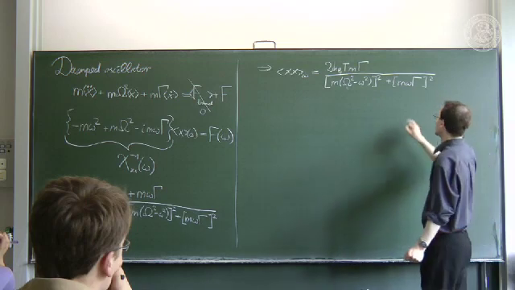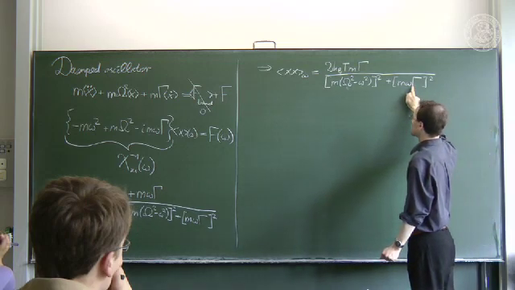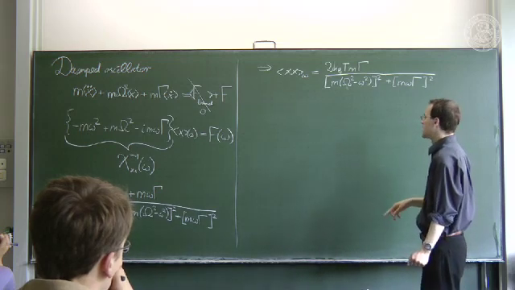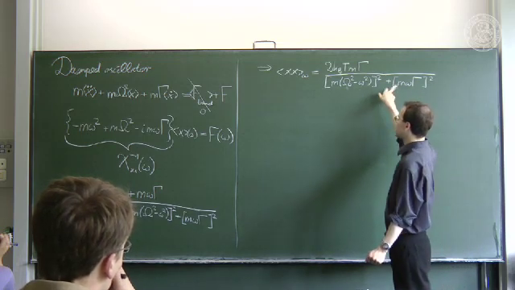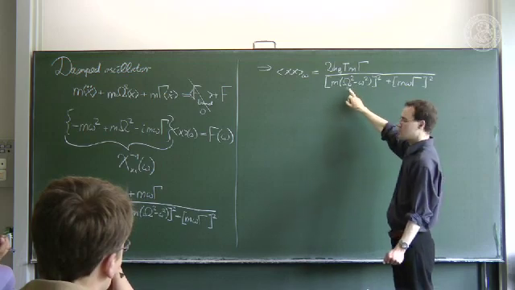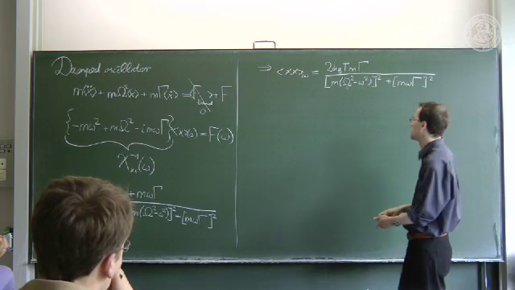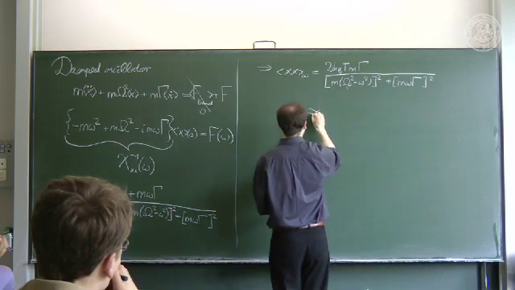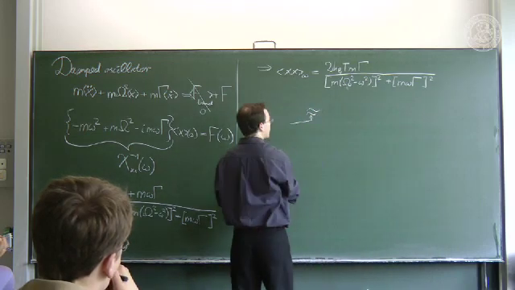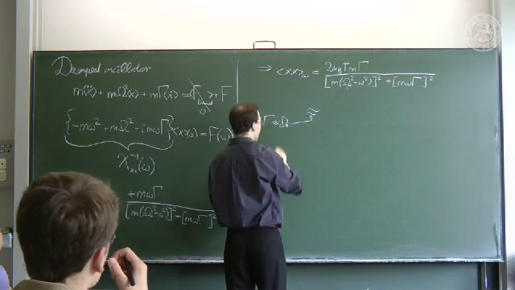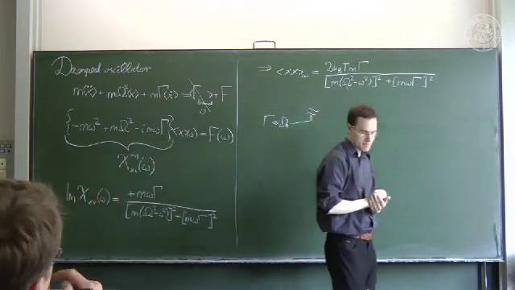But if gamma is really small as compared to omega, then it's always a good idea to simplify this function around the resonance frequency, where it really becomes a Lorentzian, and this is what I want to do now. So let's assume that gamma, the damping rate, is much smaller than the mechanical frequency.